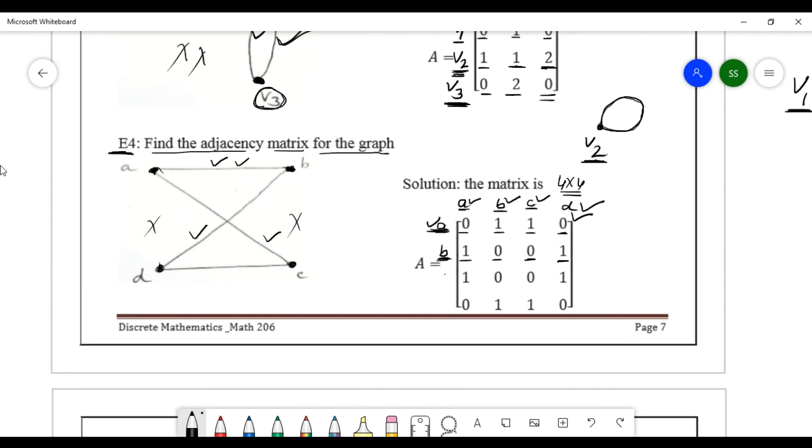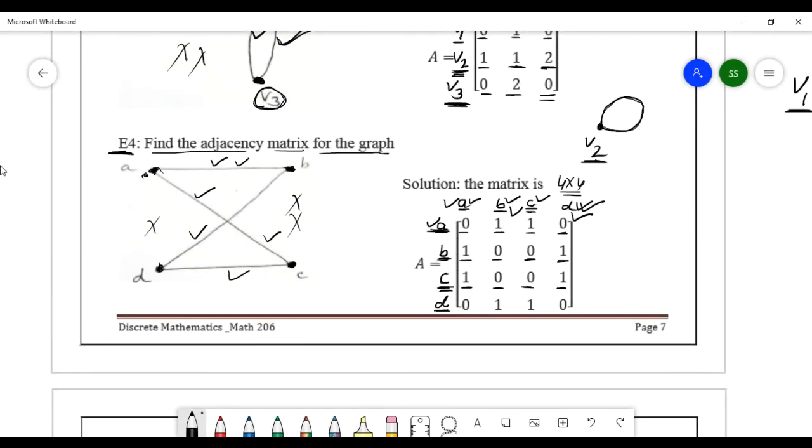Okay. Now start from C, the third row. C to A, here one edge exists, so here 1. And now C to B, no edge here, so here 0. And now C to C, the same point, no edge, so 0. And now C to D, here one edge exists, so here 1. And now start from D, the fourth row.